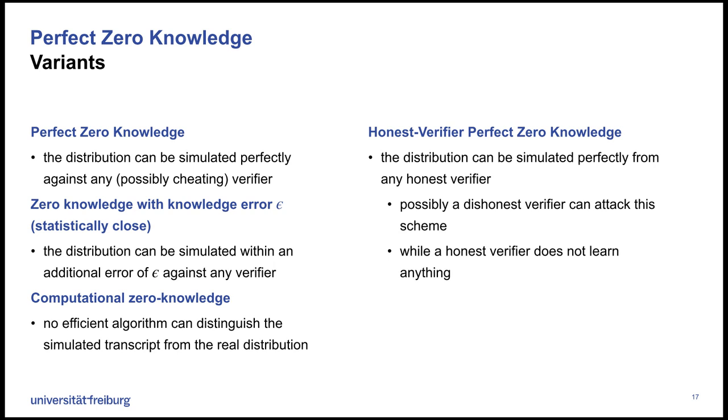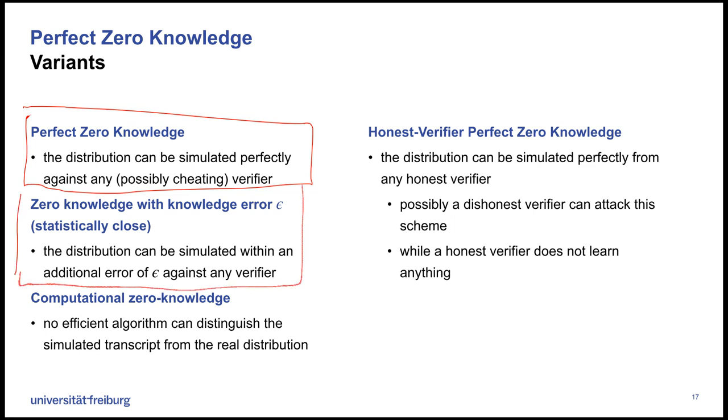So this was perfect zero knowledge. This is the best you can do. The distribution can be simulated perfectly if you know what the verifier would ask you. The verifier doesn't get any information, because you don't need the prover's information to compute it. Sometimes you can't achieve that, so sometimes you have some kind of statistically close zero knowledge.